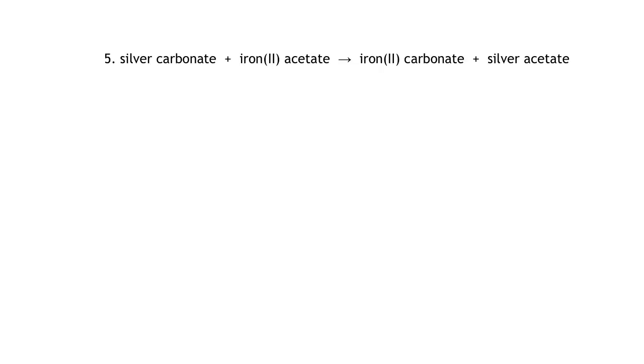All right, this is number 5 on our sheet, and I'm going to work this problem. The first thing I'm going to do is ask myself, is this an element or a compound? Obviously, it's a compound. Silver is Ag with a +1 charge. Carbonate is CO3, a -2 charge. Iron is Fe, and of course the Roman numeral 2 means we've got a +2 charge.